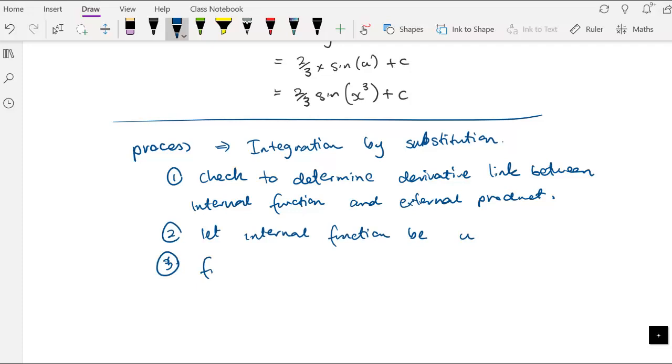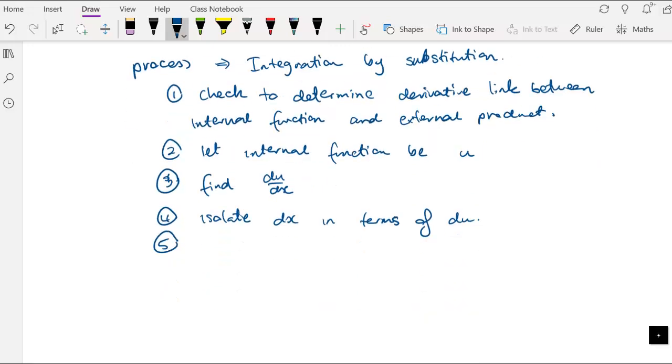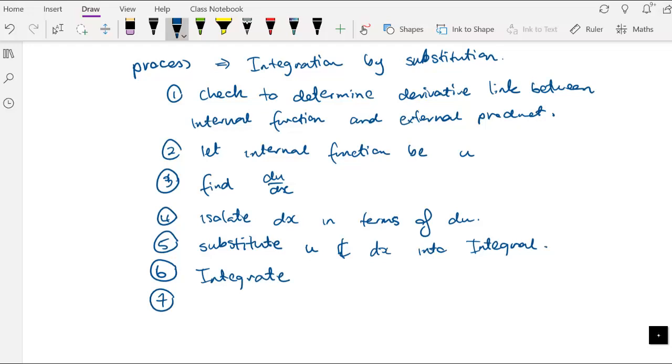We then find du dx, and we isolate dx in terms of du. Fifth is substitute u and dx into the integral. Six is integrate, and then seven is substitute for u. So that's the whole process.